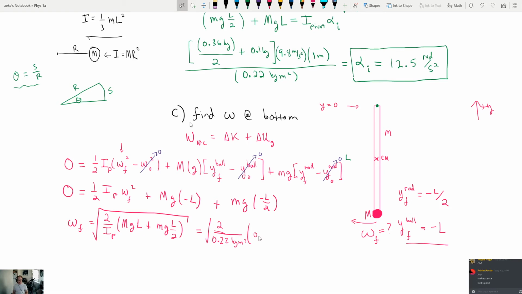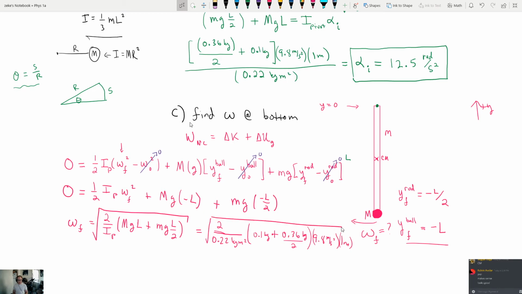So this one's 0.1 kilograms times, now both of these terms have a G and an L in them, so I'll just move those to the outside. So 0.1 kilograms plus little m was 0.36 kg divided by 2, and then times G times L, so times 9.8, and then L was 1 meter.